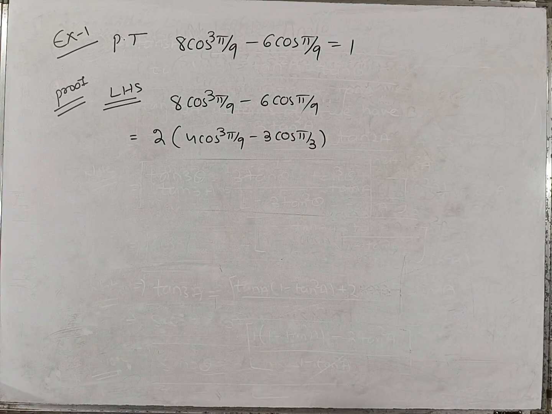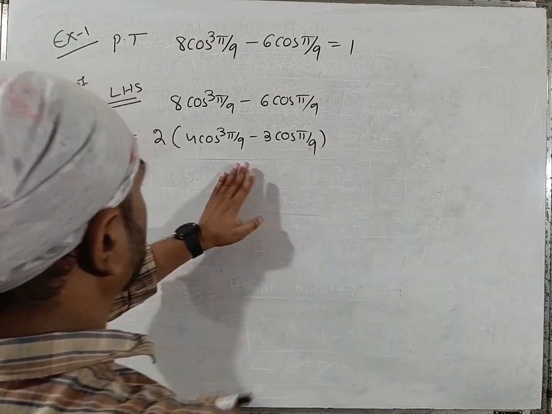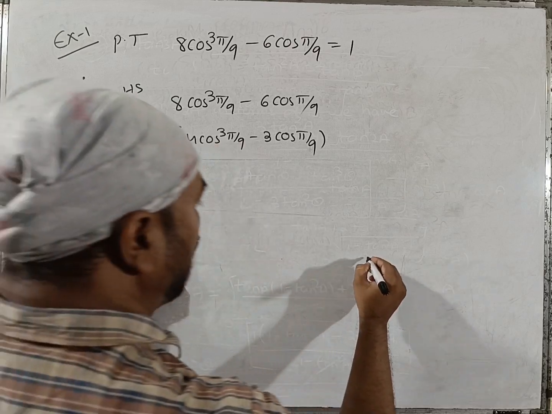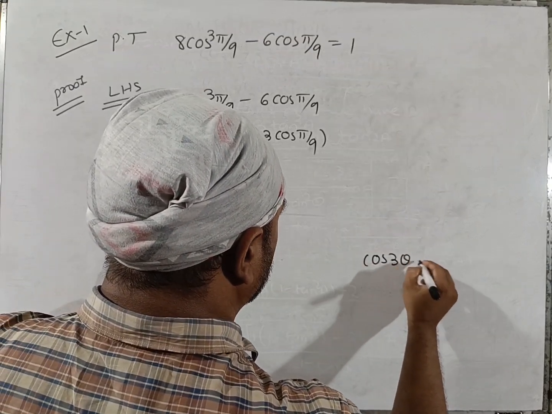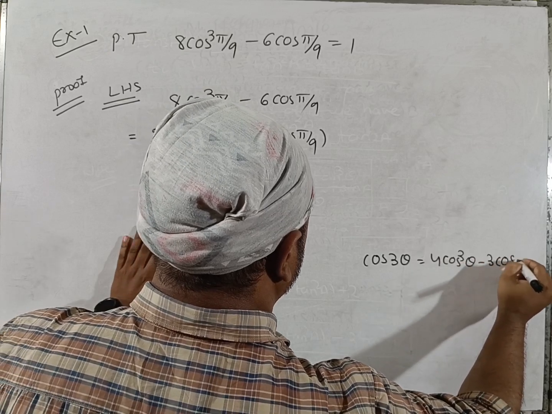Here theta is pi by 9 and it is in the form of cos 3 theta, because we know that cos 3 theta is equal to 4 cos cube theta minus 3 cos theta.